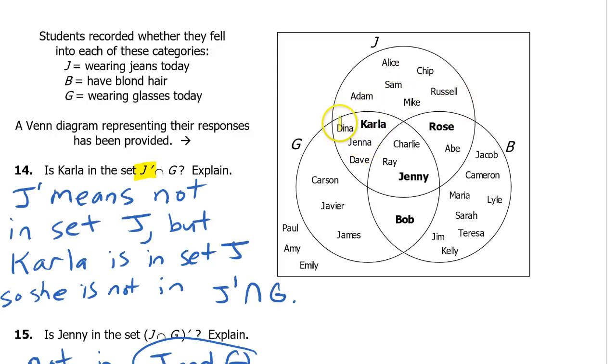Here is the intersection of J and G, right here. This is where those two sets overlap. Is Jenny in there? And yes, she is.